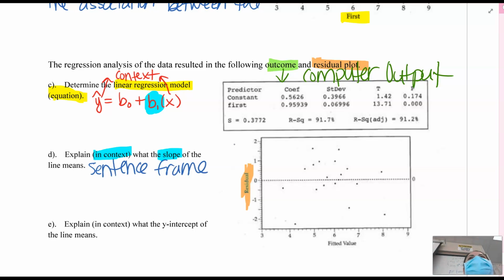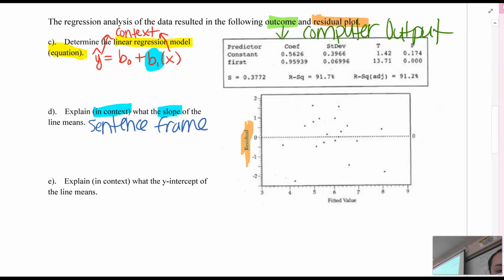Is it centimeters, pounds, kilos? If we're talking about birth weights, pounds, right? So when you explain for D and E, you need to mention the word pounds because that's the units, okay?